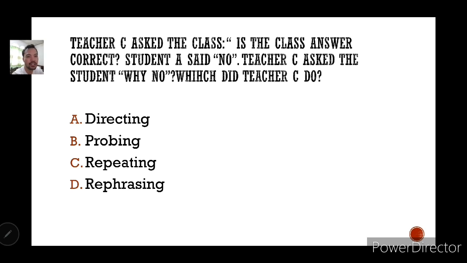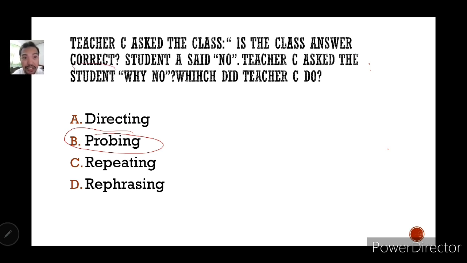Okay, very good. It's letter B, probing. So the answer here is probing. Why is the answer here probing? It is because Teacher C asked the class, is the class answer correct?